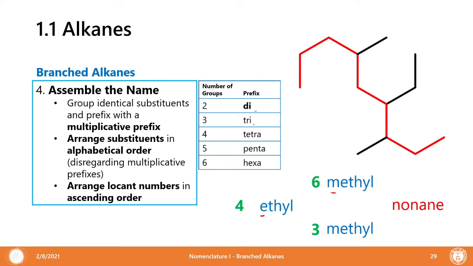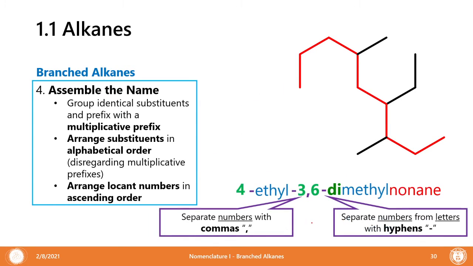After that we arrange the locant numbers in ascending order. So if we have to combine these two methyls into a dimethyl, we arrange their numbers in ascending order. So 3, 6. 3,6-dimethyl. There we go, and so this is how we assemble the name.